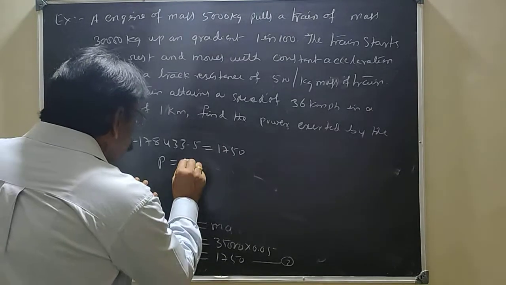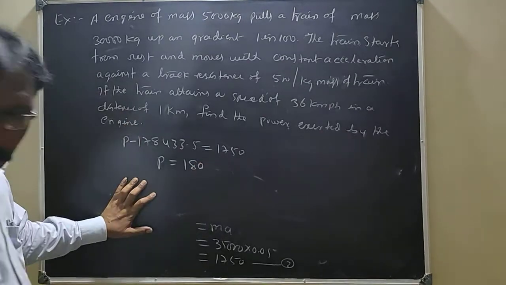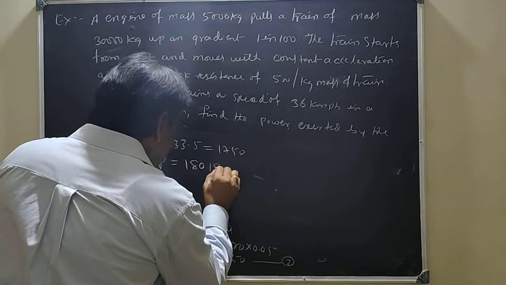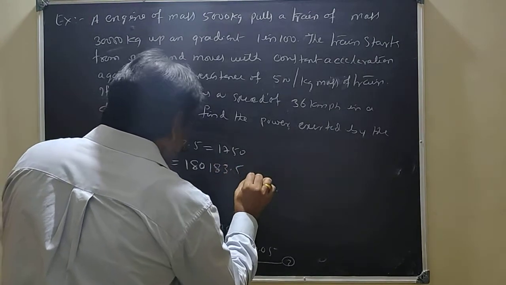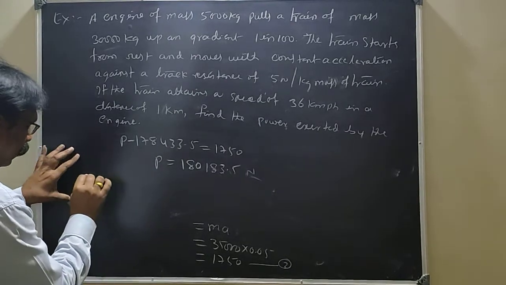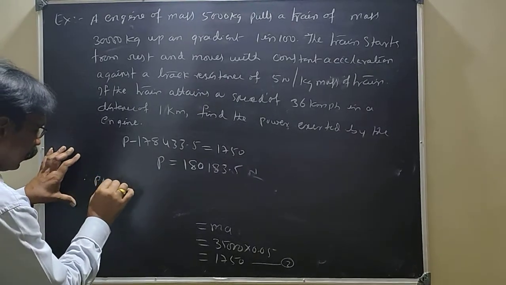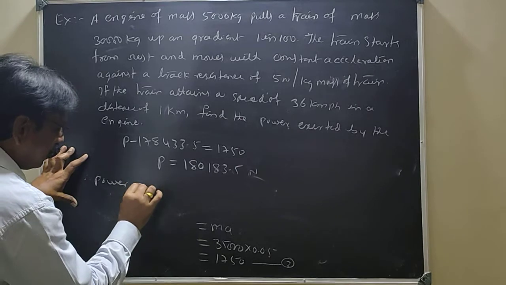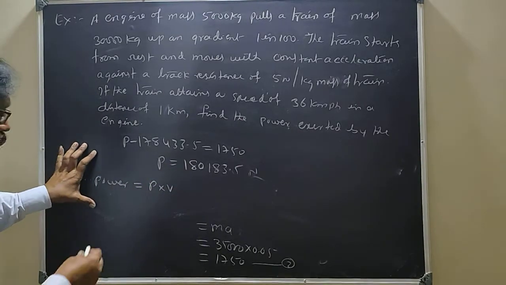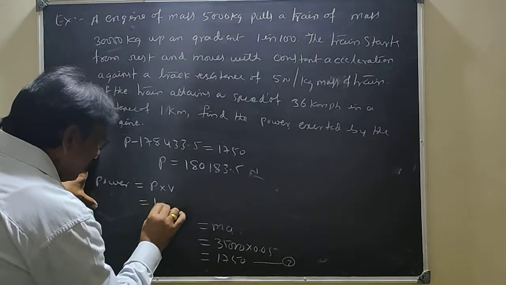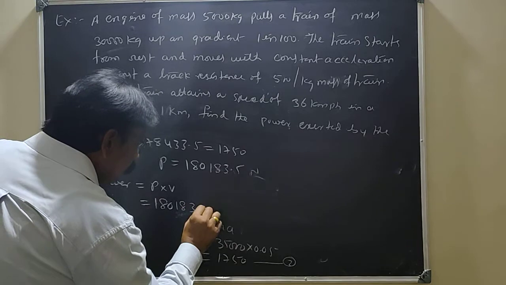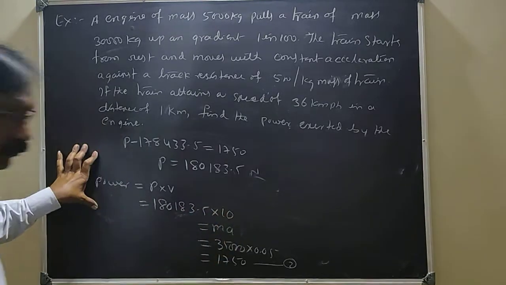Therefore P, the force exerted by the engine, is equal to 1,80,183.5 Newton. So therefore the power is equal to P into V. So now this P is multiplied by 10.